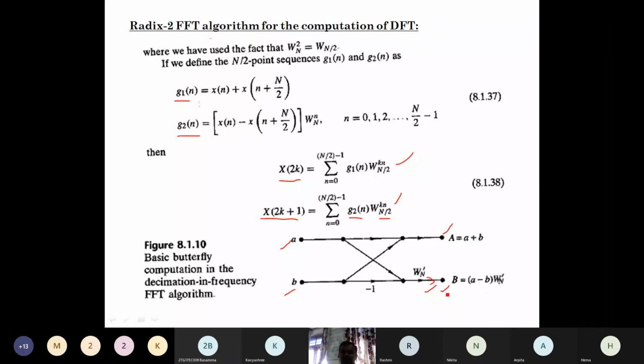Only this will change, the difference between DIT and DIF butterfly diagrams. So this is the calculation of how we are dealing with the computation of DFT using the DIF FFT algorithm.